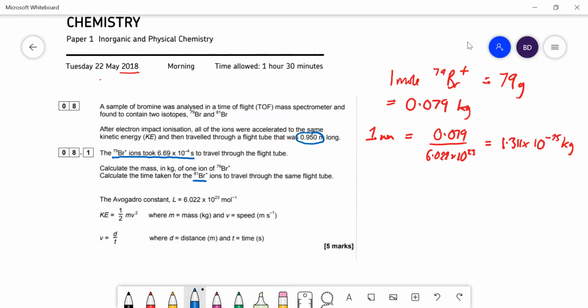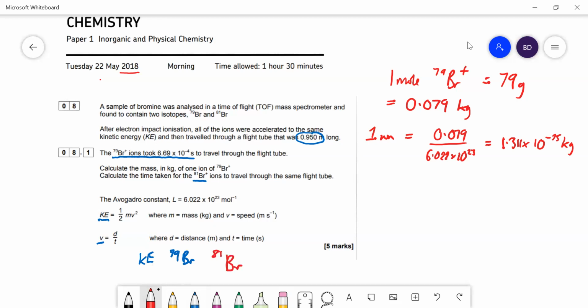The long way around of doing this is you can work out the velocity of the 79 using the distance divided by the time given. From the velocity, we can then work out the kinetic energy of the 79. We know that the kinetic energy of the 79 is the same as the 81.